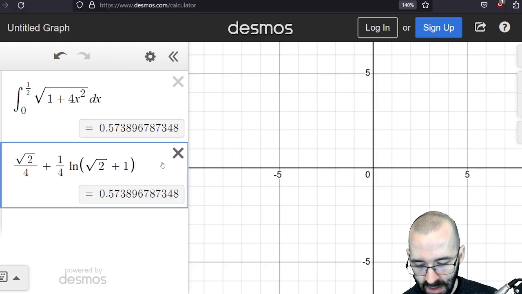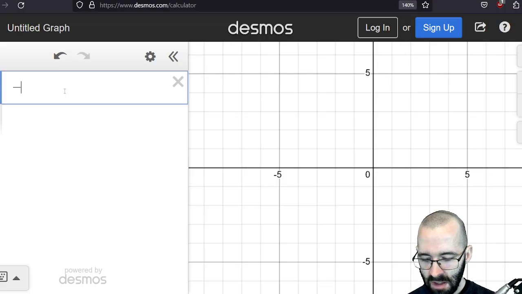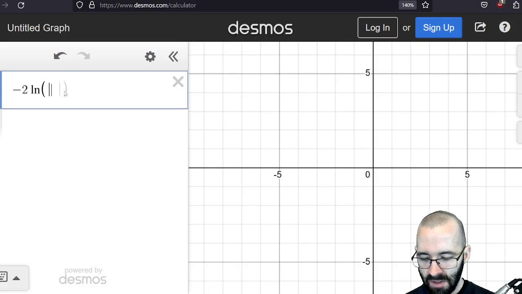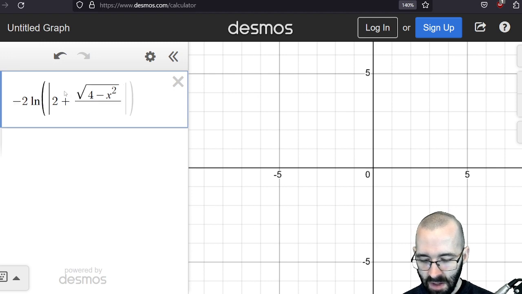I'm going to double check graphically first. Negative 2 ln of the absolute value of 2 plus square root of 4 minus x squared, all over x. Oh, it's all over x.